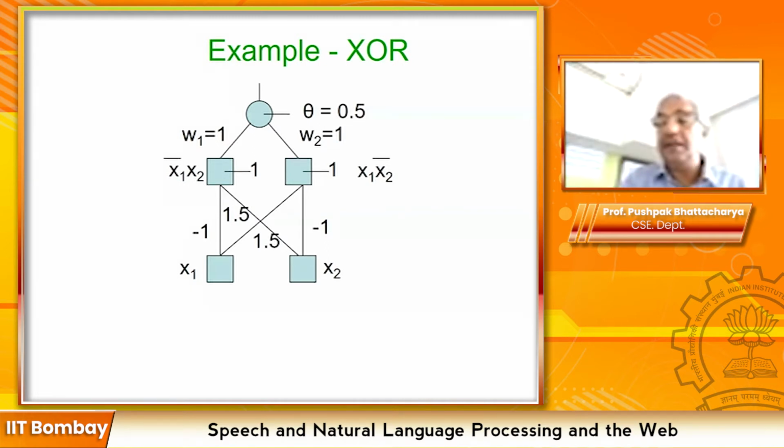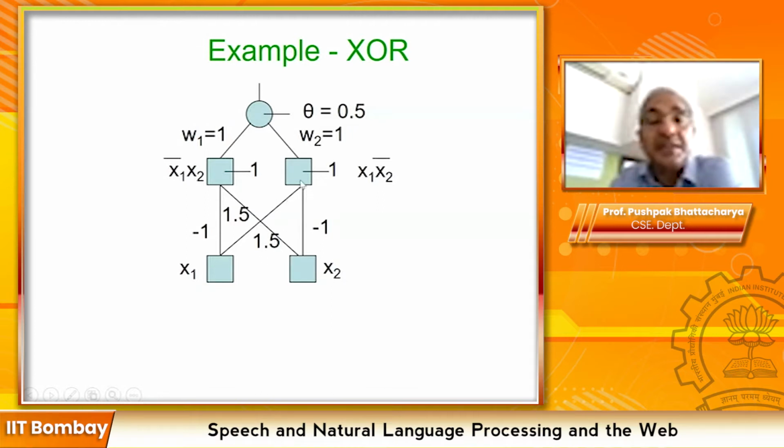And if we have many layers here, then it will become a deep neural network. Now, without these hidden layer neurons, XOR cannot be computed. So the hidden layer is bringing in the power of computation. That is the belief with which the deep neural network field has progressed, that as you increase the number of layers, the computation power increases.